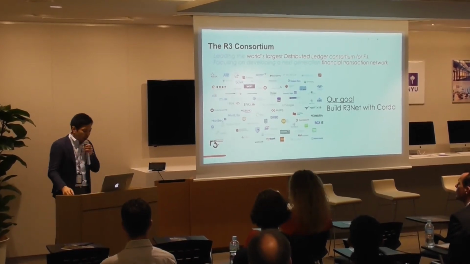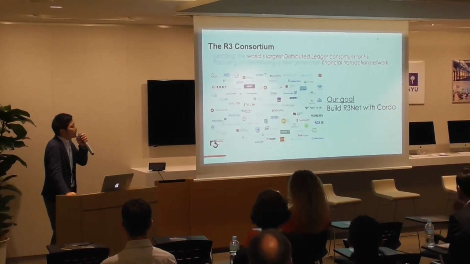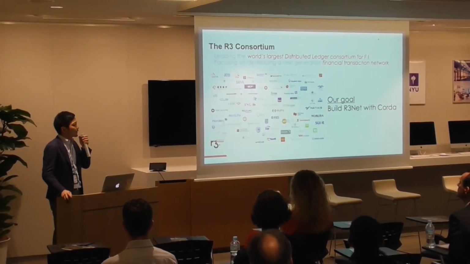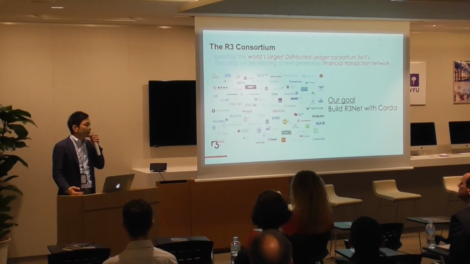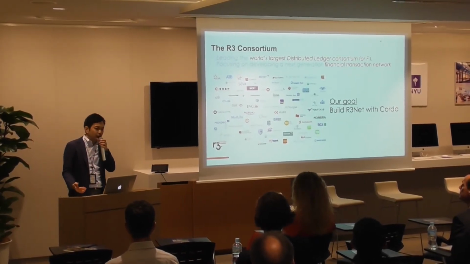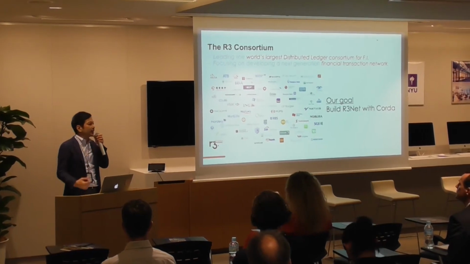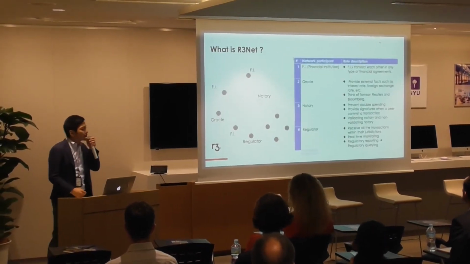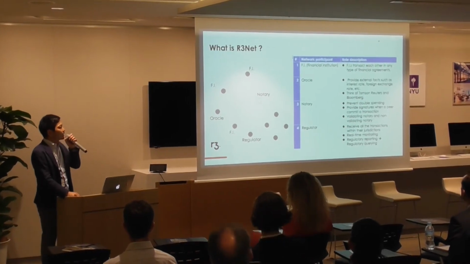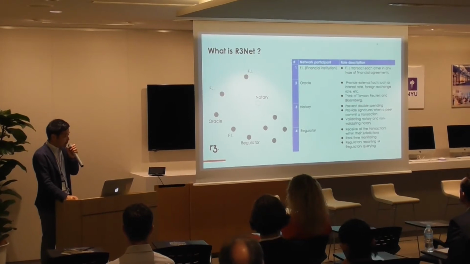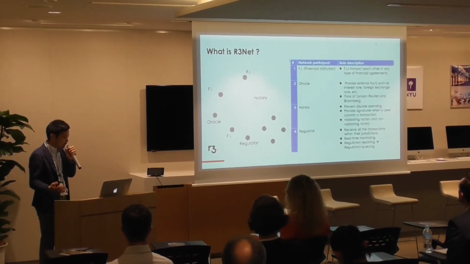Okay. So we do a lot of things. We do projects, we do research, and of course we build Corda. But the ultimate goal is to build what is called R3net with Corda. So what is R3net? R3net is a private network with financial institutions and other players.